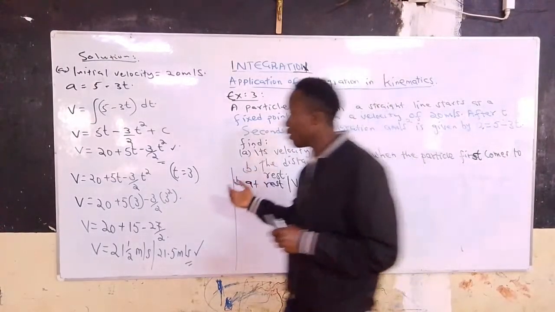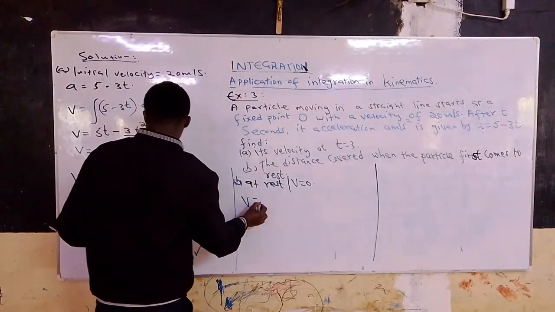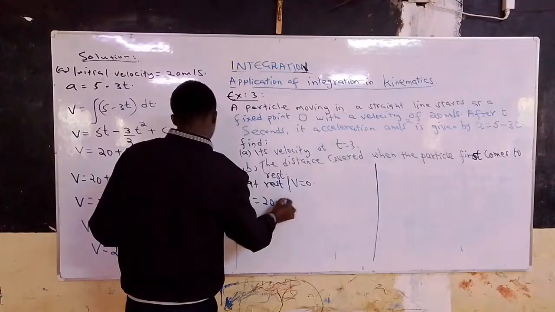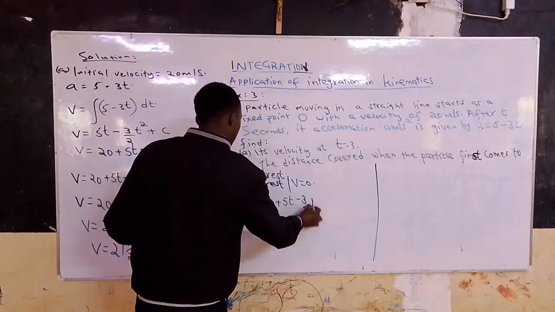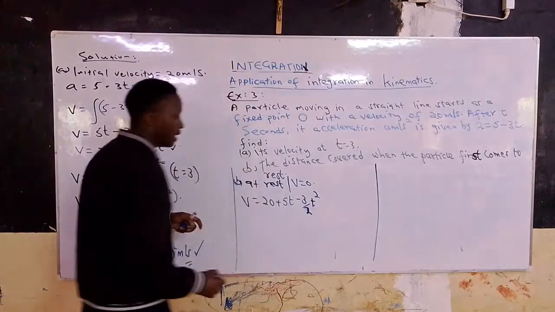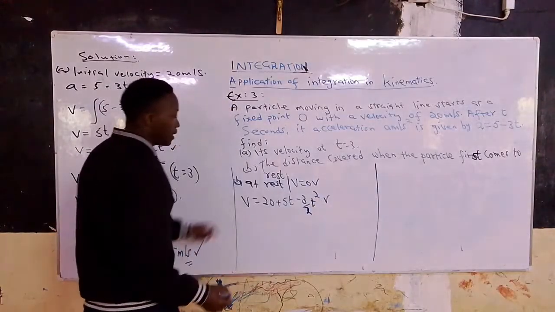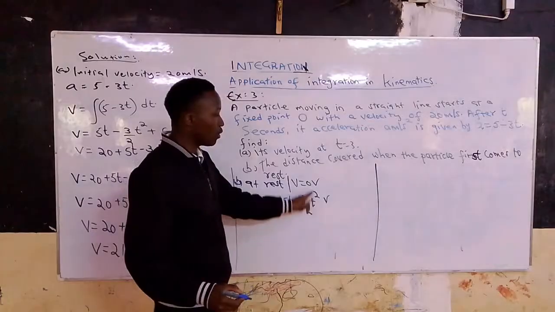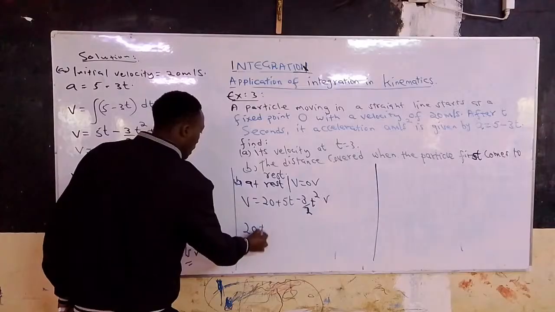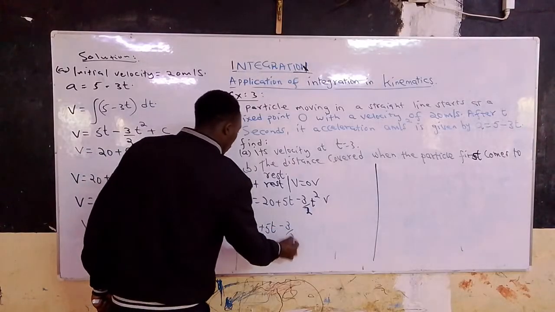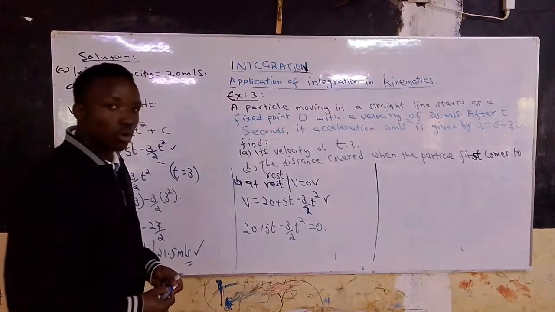So what we are going to do, we will take our equation for velocity. Velocity is equal to 20 plus 5t minus 3 over 2 t squared. And since at rest velocity is 0, we will equate this equation to 0, and we will have 20 plus 5t minus 3 over 2 t squared is equal to 0.